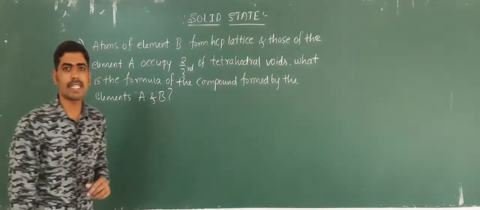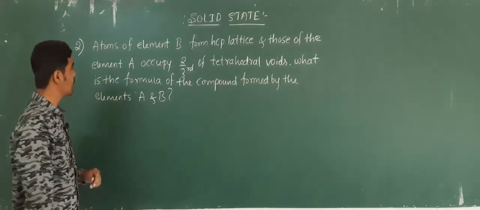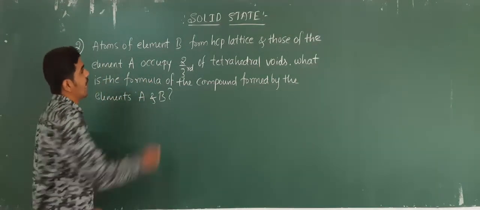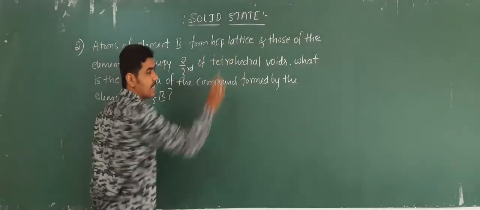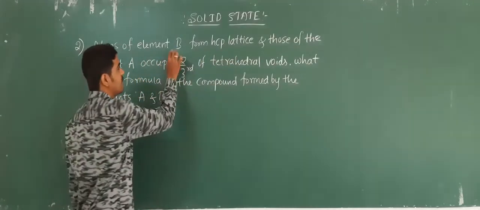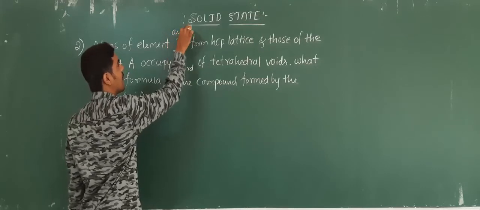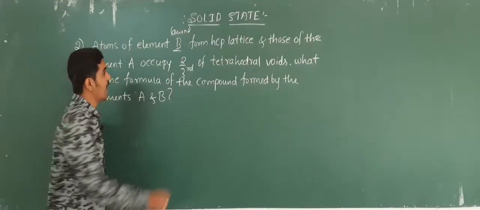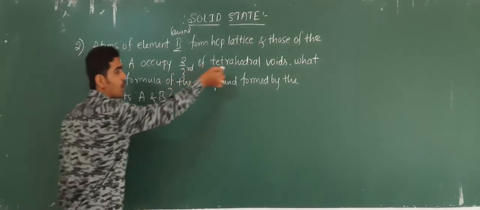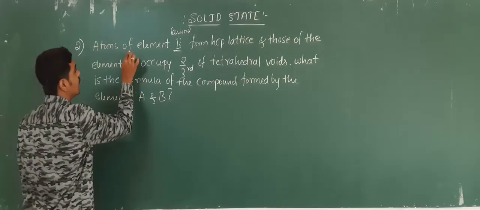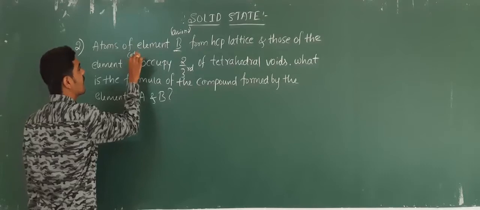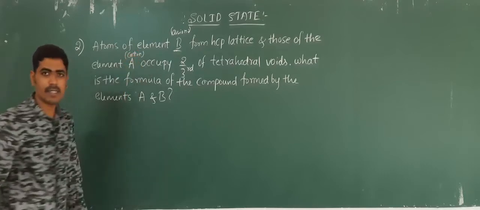Then you can easily find the formula of the compound. So first, element B forms HCP lattice. That means it is an anion. B acts as an anion and A occupies voids and hence it will act as cation.